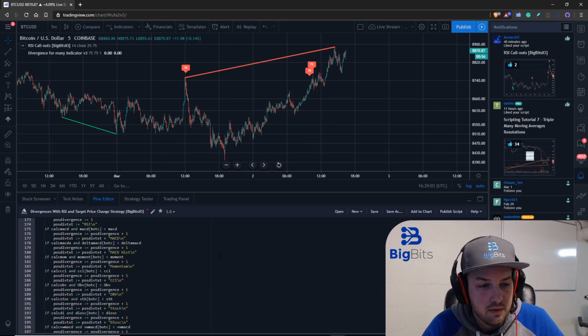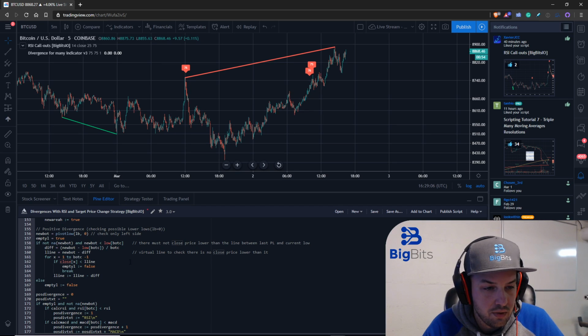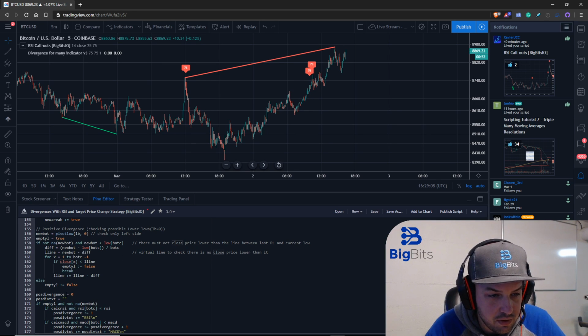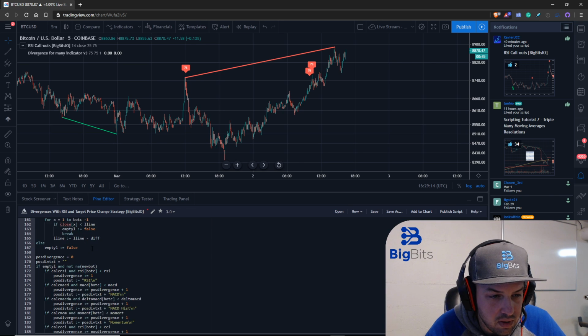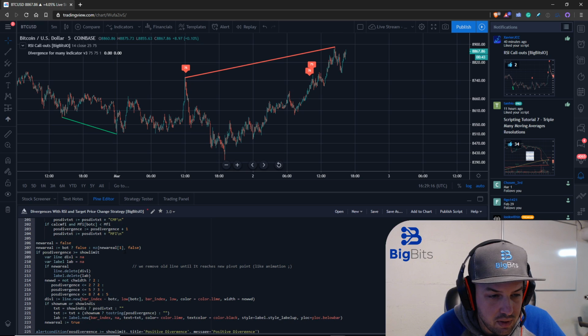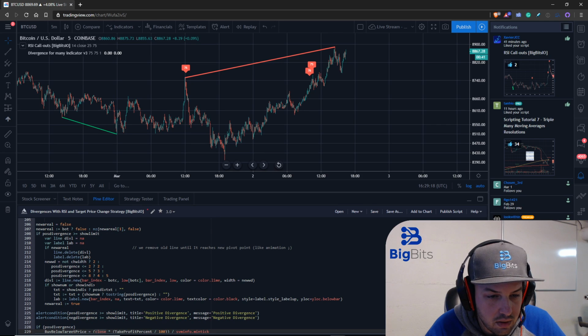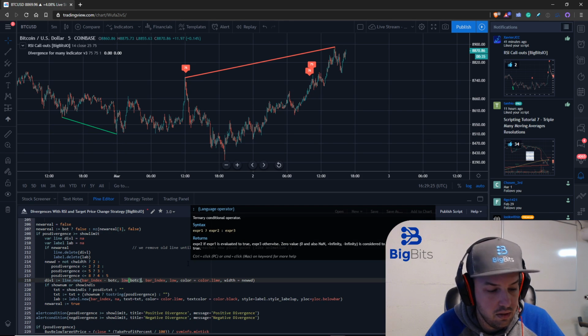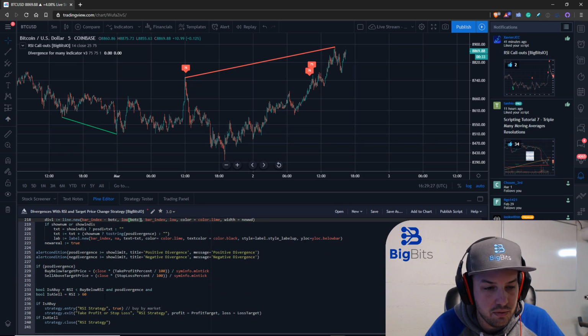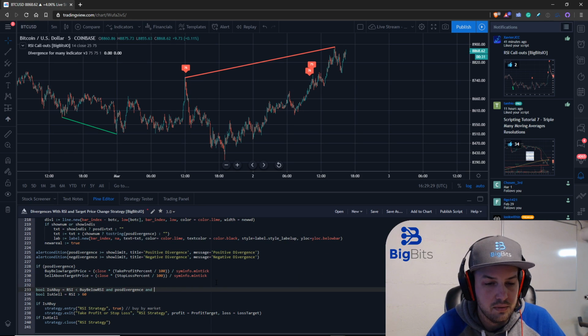All right, so let's go back up here. Positive divergence, where is it? So when we plot the line, it will be the low of bot C, I believe, is the correct value that we're going to use here.